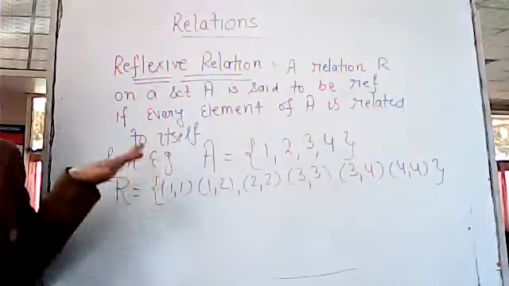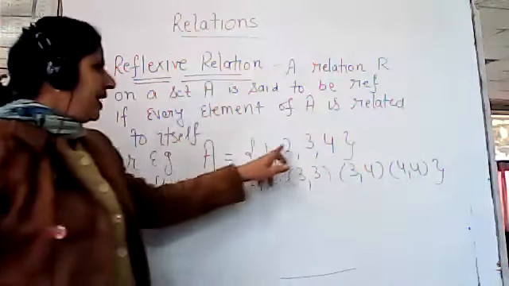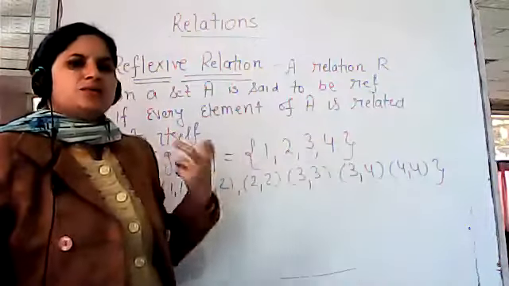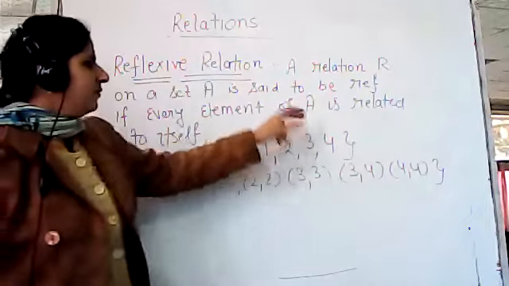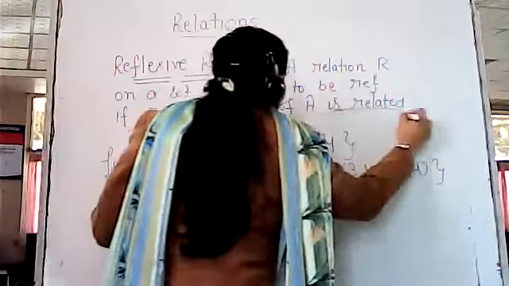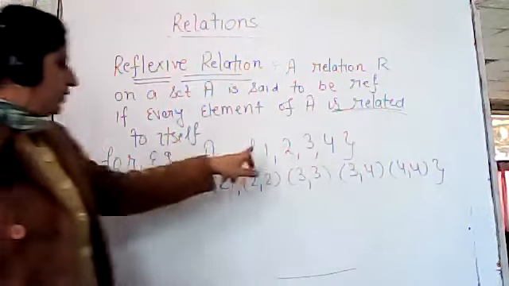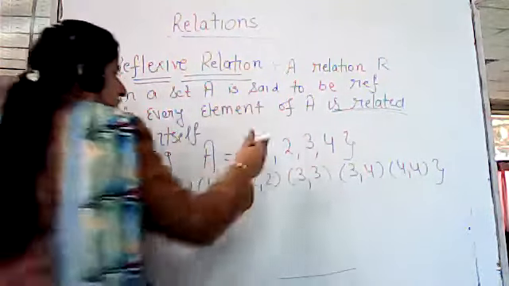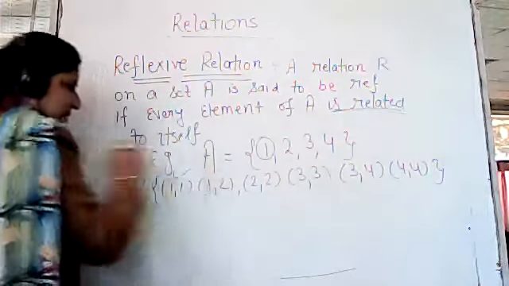Now is this relation reflexive or not? What is the criteria to check? If every element of this set is related to itself, then this relation will be reflexive. The first element is 1. 1 is associated with 1. Yes.